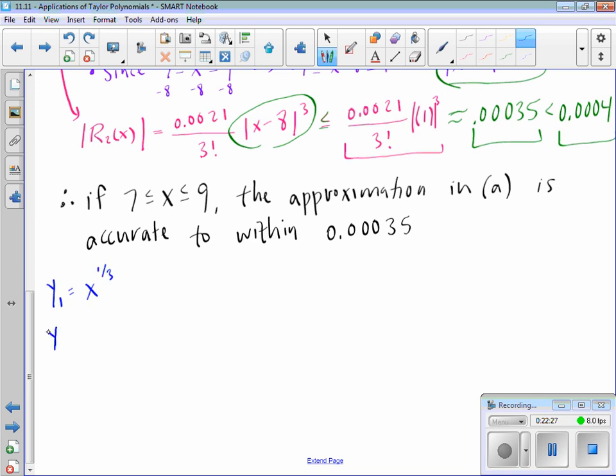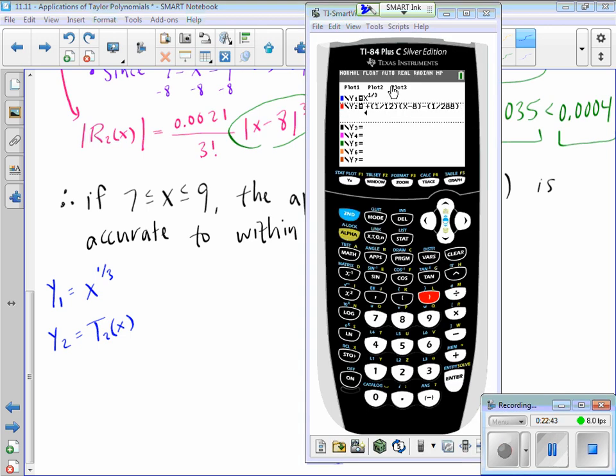And in our y2, let's put that Taylor polynomial that you came up with in part A. And we're going to look at it from 7 to 9. So I'll give you guys a minute to get those in there. Okay, so I'm putting x to the third in my y1, and in my y2, I'm putting in that Taylor polynomial. Okay, now go to your table, guys.